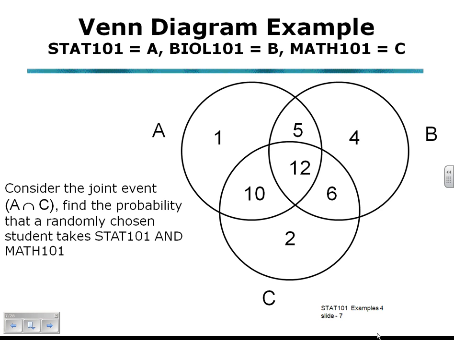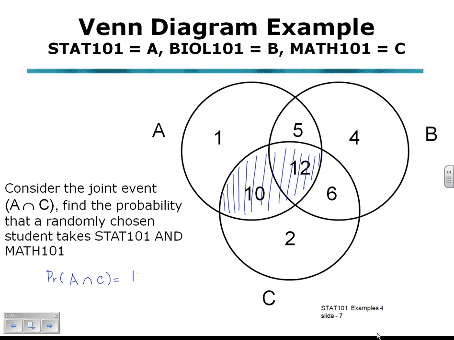The next example, considering the joint event A intersection C this time, find the probability a randomly chosen student takes Math 101 and Stat 101, the two subjects at the same time. To find these students, these will be in the intersection of the two circles, the Math circle and the Stat circle, the area being shaded in blue.